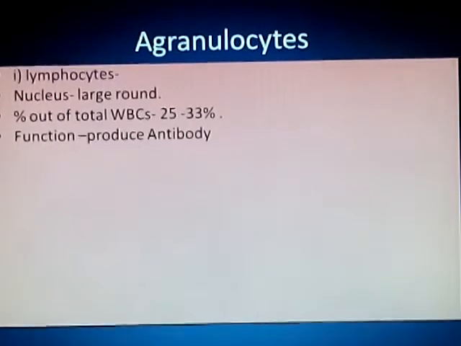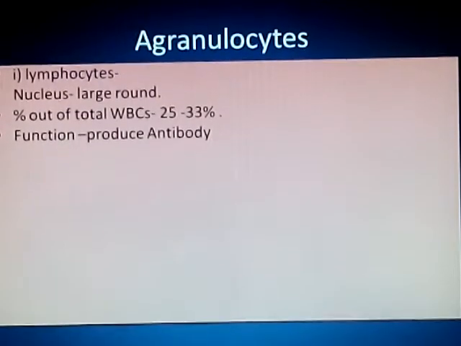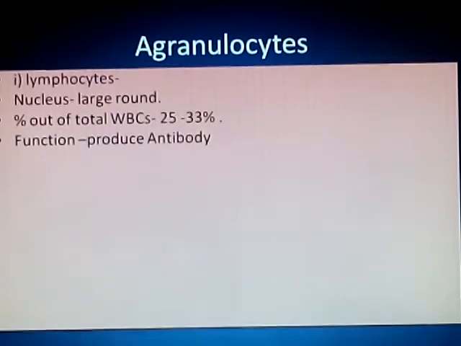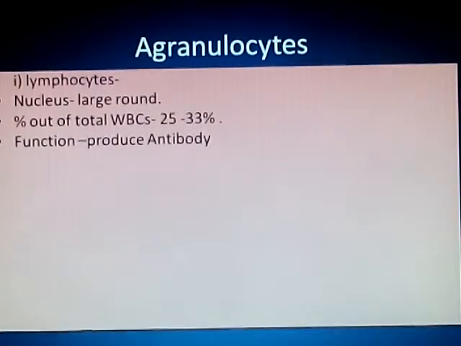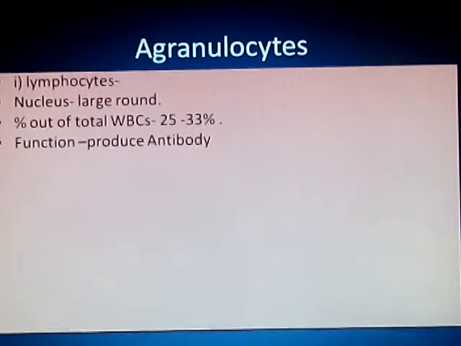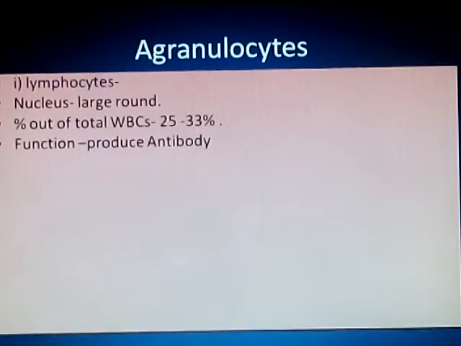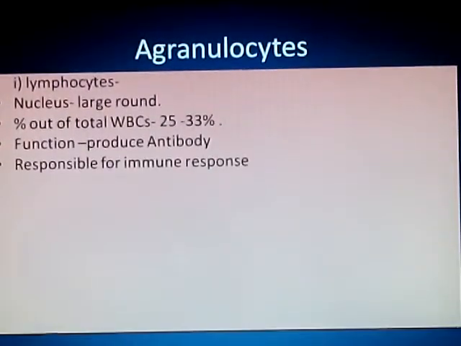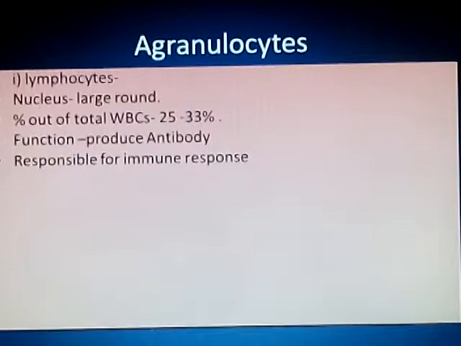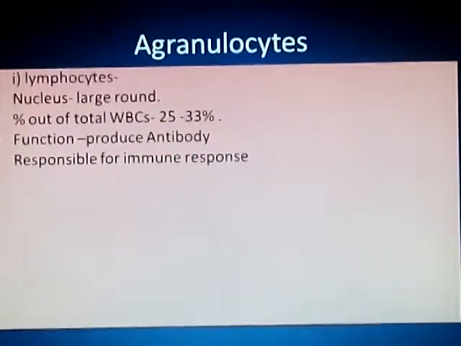And function: lymphocytes are helpful to produce antibody. Antibodies are helpful to fight against the antigen. That means they are helpful to show the immune response. In the immunity of a human being, lymphocytes perform the major role.